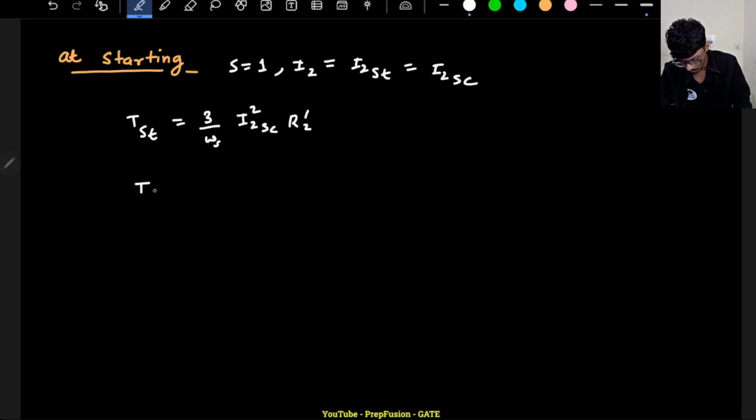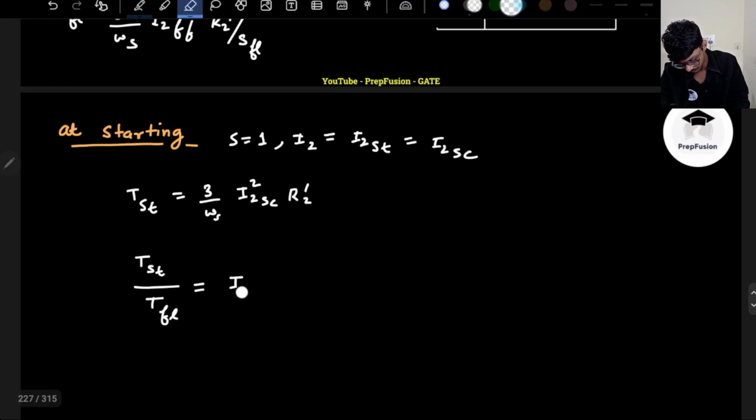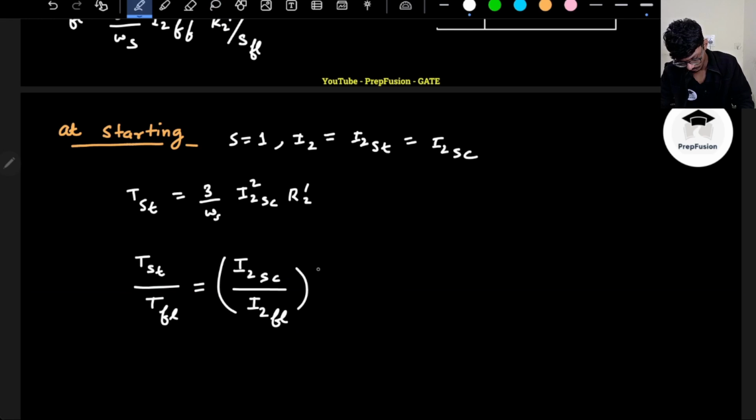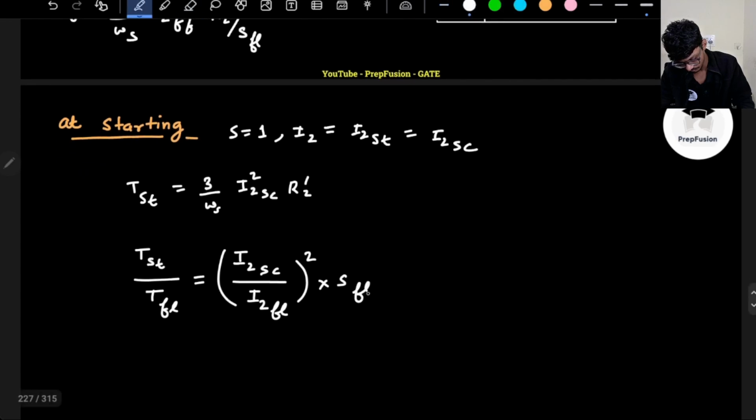So the ratio of the starting torque to the full load torque equals, with 3 by omega s cancelled out, the starting current I2 divided by the full load current I2, whole square, into SFL.